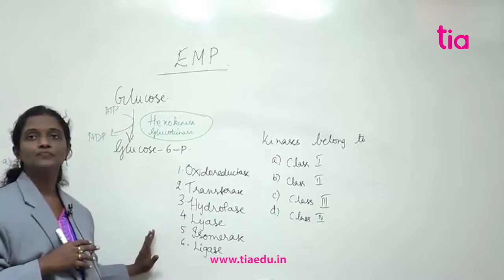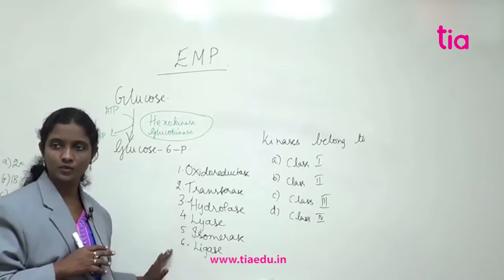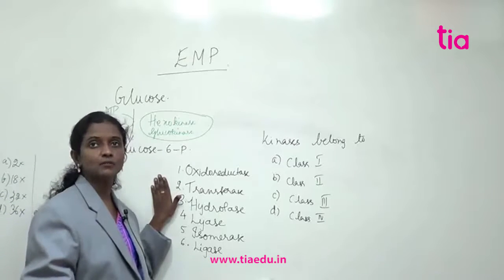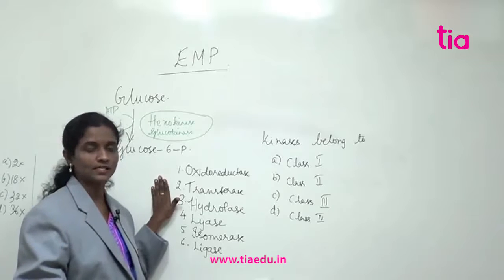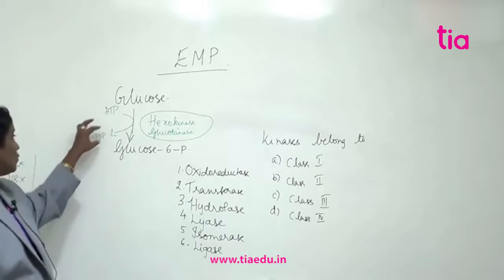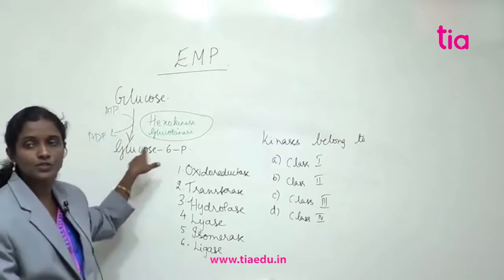So this is the order, and we said that we should not change the order because the International Union of Biochemistry standardizes the enzyme nomenclature. So which class do kinases belong to? They transfer the phosphorus group present in ATP and donate it to glucose to become glucose 6-phosphate.